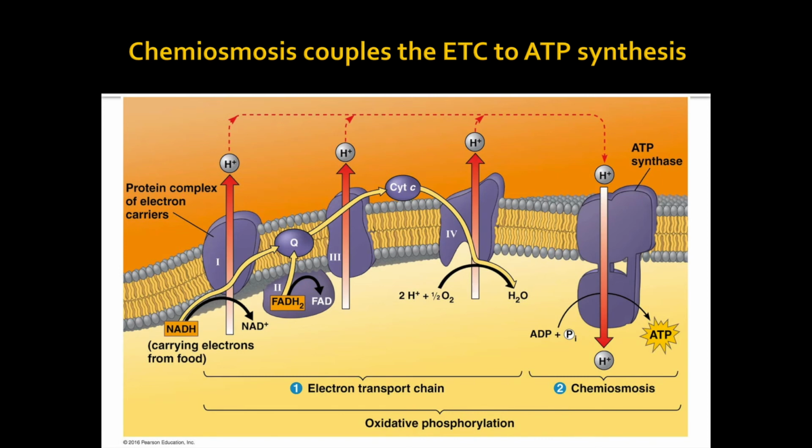And as the protons flow through, ATP synthase spins and moves, catalytic sites open up, and ATP is produced. So you see here, the electron transport chain requires oxygen, and chemiosmosis does the job of phosphorylation, so all of this together is oxidative phosphorylation.